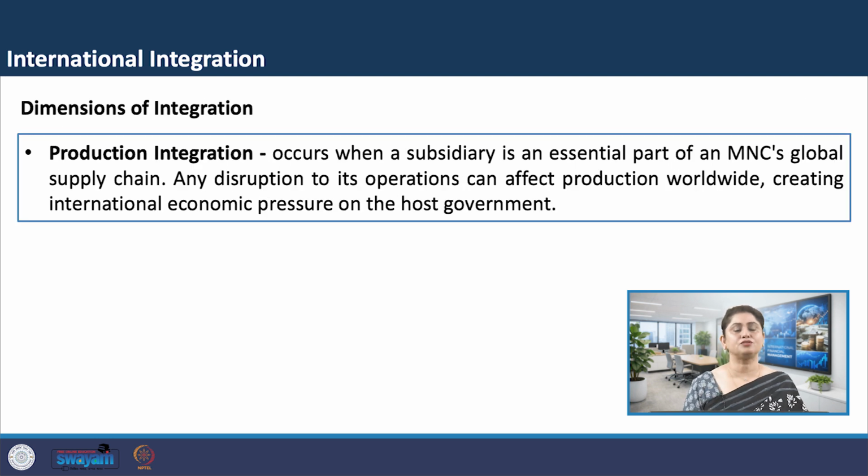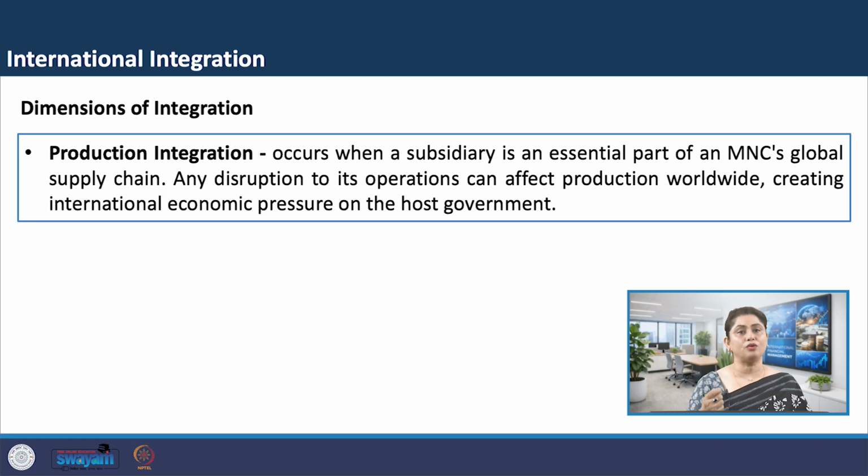The first dimension of the international integration is the production integration. Under this approach, the subsidiary is positioned as a critical link in the MNC's global supply chain, producing a specific component or an intermediate product that is essential to the parent's global manufacturing process.